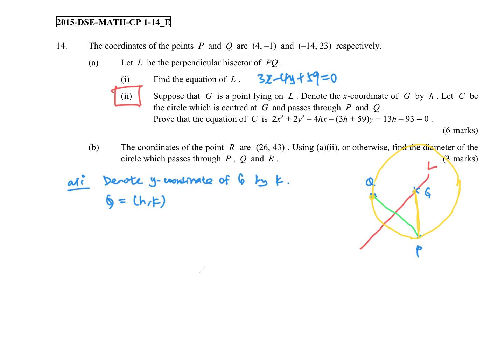So the radius would be the square root of (h minus 4) all squared, plus (k plus 1) all squared. And that's the radius. So we want to prove the equation of C is in this form.